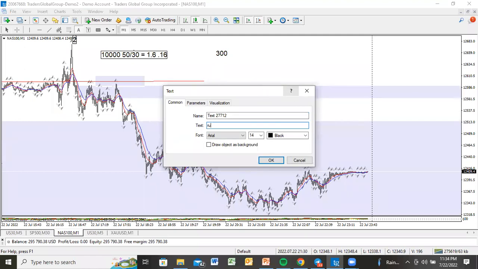Rule number 1, only lose max 0.5% per trade, max. And if it's less, even better, right? And let's say you started revenge trading, right? Let's say you went into a downward spiral, which happens. You took a L, now your psychological is all messed up, and you're like, yo, I gotta make this money back.